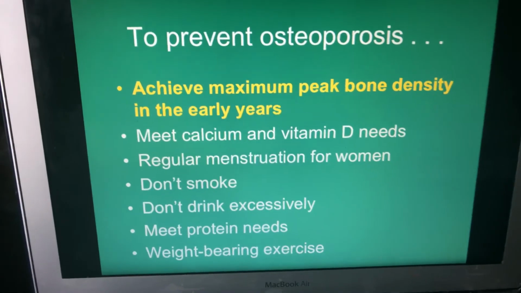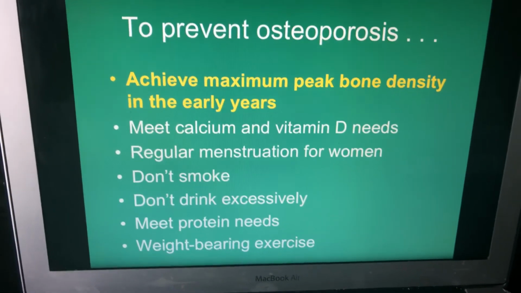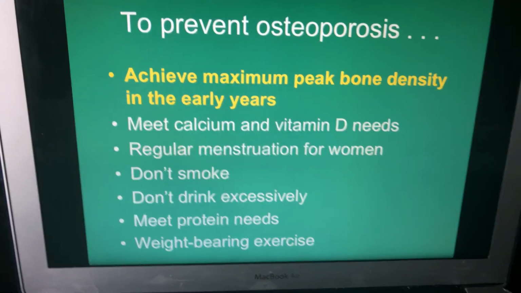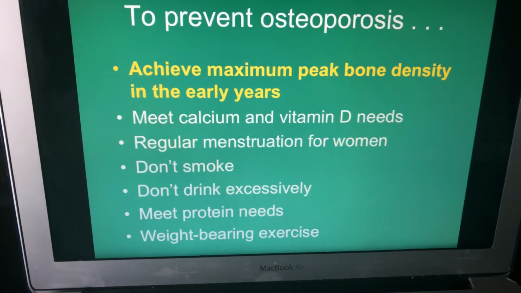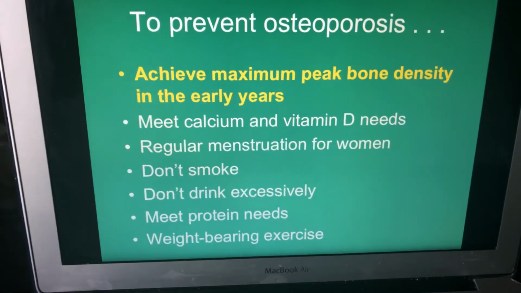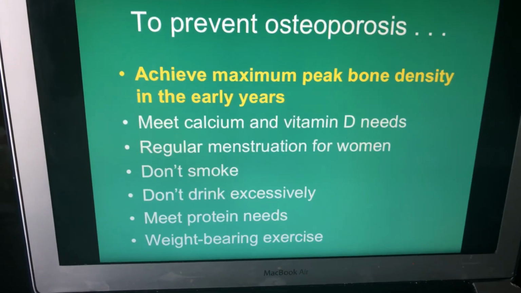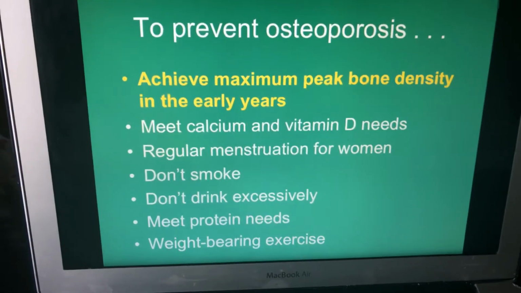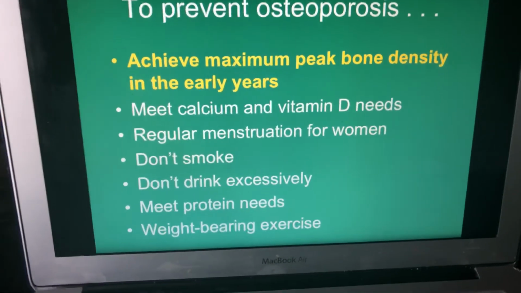So to prevent osteoporosis, you want to achieve peak bone density in your early years, and a lot of y'all still have time for this, by meeting your calcium and vitamin D needs. If you're female, you want to make sure you have regular periods, because irregular periods are a sign of estrogen deficiency, and estrogen is needed for bone mineralization in women.